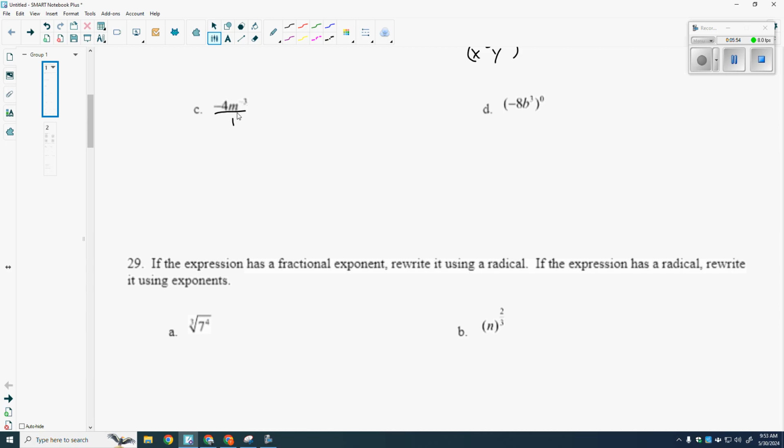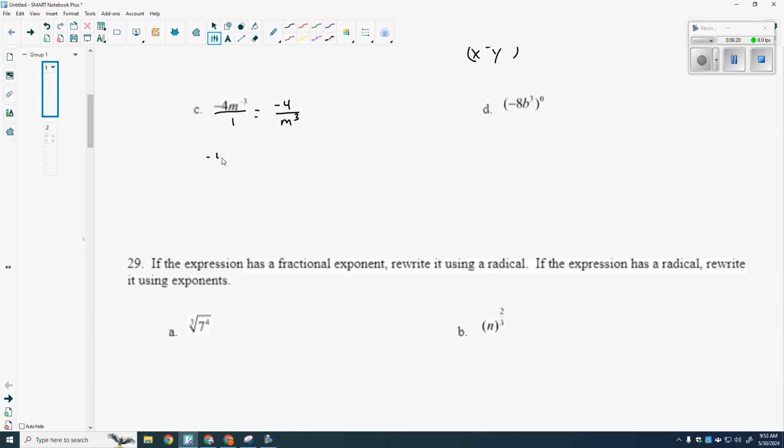When I have a fraction, I can move terms up and down. And when I do that, I change the sign of the exponent. That negative 4 is not affected by the negative 3. This negative 3 does not apply to the negative 4. I'm going to leave the negative 4 alone. I'm going to move the m to the negative third power down to the bottom, and it becomes a positive. And I'm done.